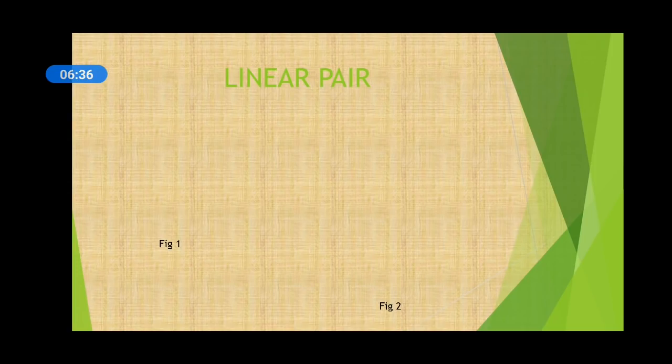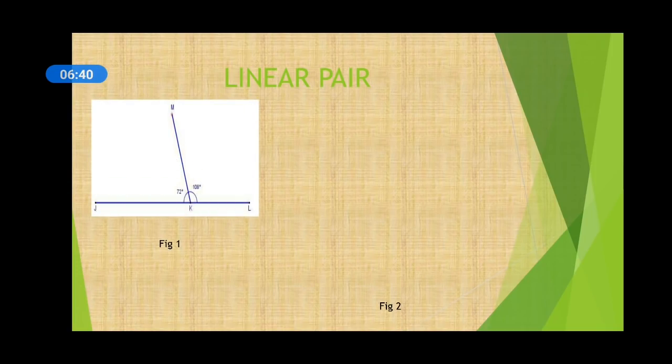Now look at linear pair. I said I'll be discussing it later. So here the two angles, their sum is 180 degrees. So they are supplementary angles, as well as they are forming adjacent angles.